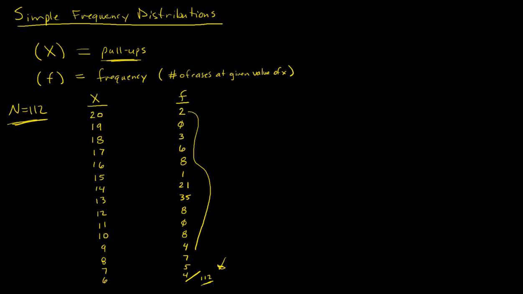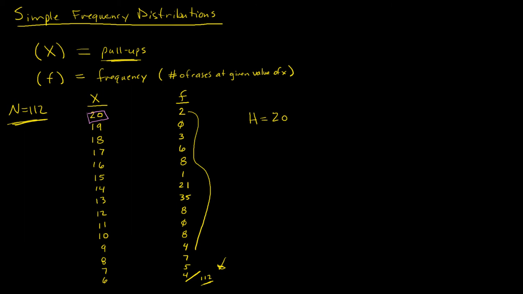We could still get things like, what is our high value? Because we've rank ordered it but just included the frequency component, we can still get the high value. Our highest value, I'm going to use this magenta color here, is this 20. So my high score, or high number of pull-ups, was 20.